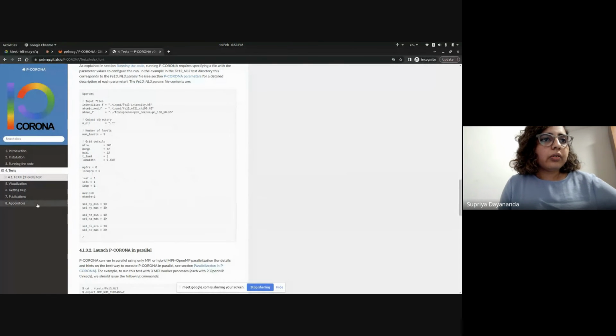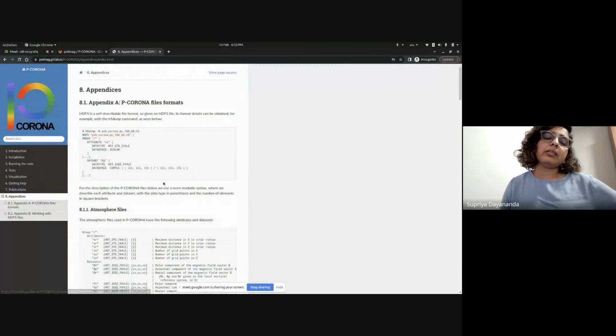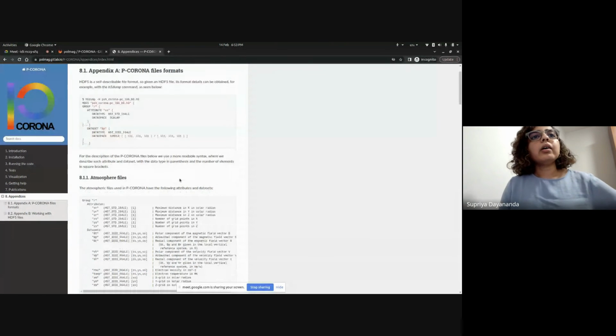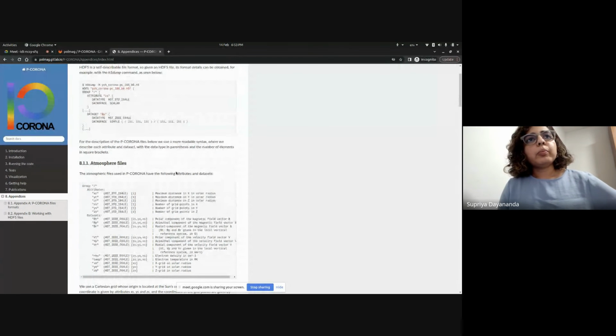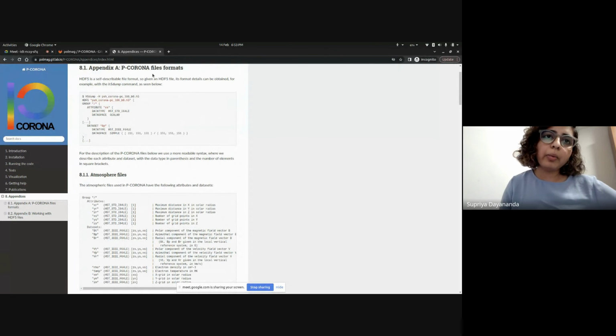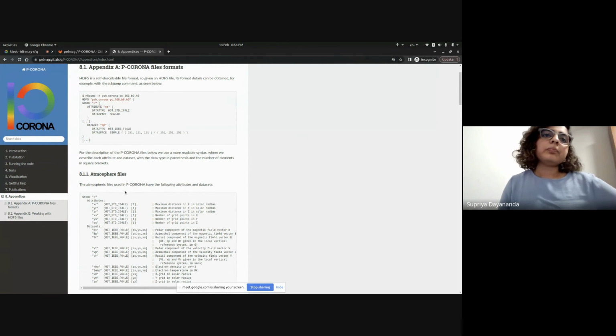Then if you go to the appendix, this is what I was talking about. There is a format in which we give all the input parameters to PCorona. Everything is in HDF5 format. Here we have tried to put all the details of these files.